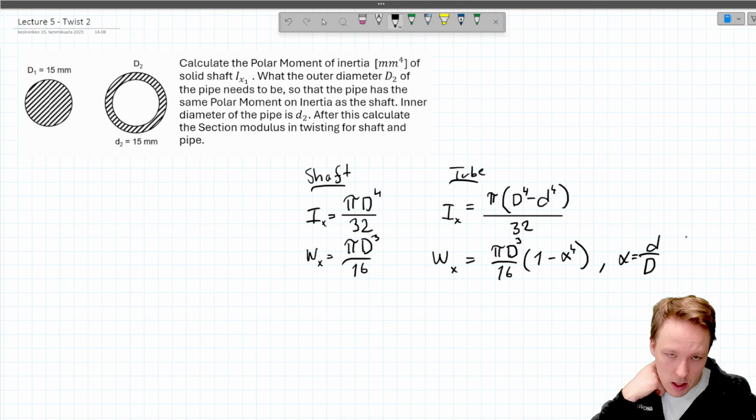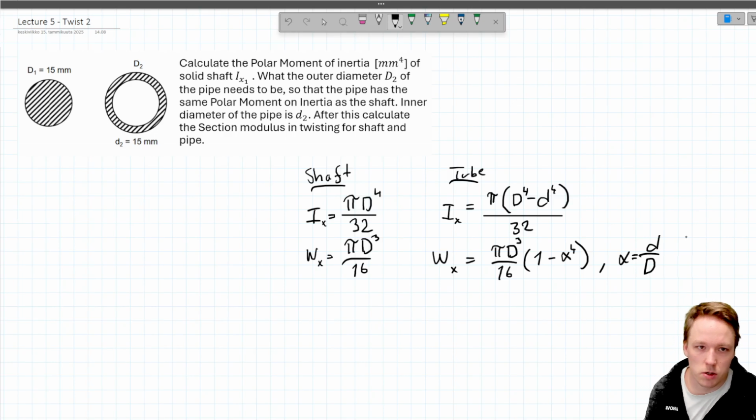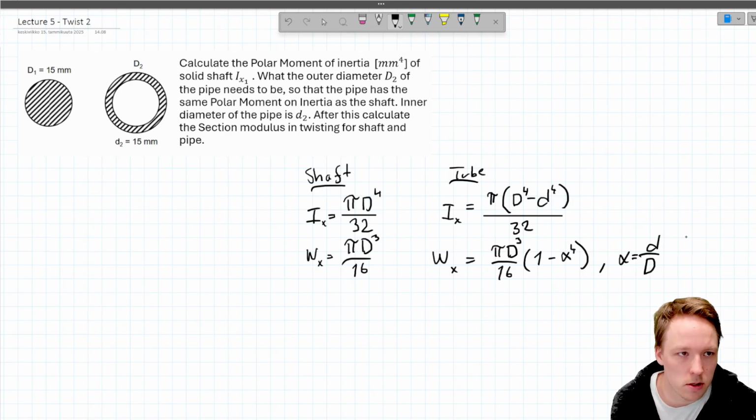So here we have the equations for the polar moments of inertia and also the section modulus of a shaft, so solid bar, and a tube, a bar with a hole in the middle.